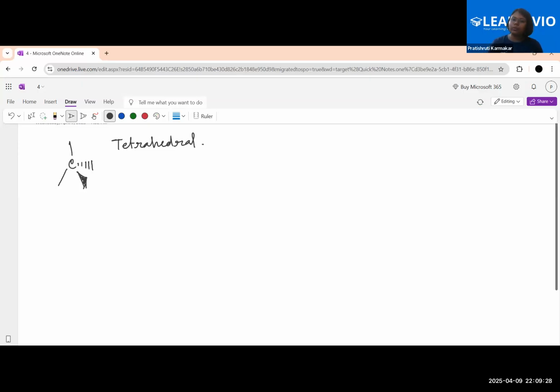So we know carbon can make four bonds, and these four bonds are oriented in tetrahedral space. Do you know the name of this compound? This is methane.